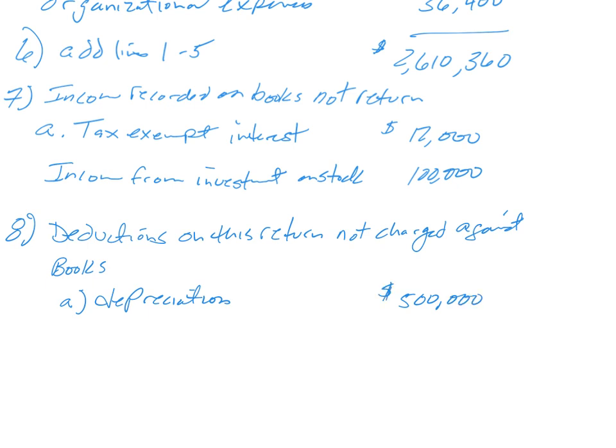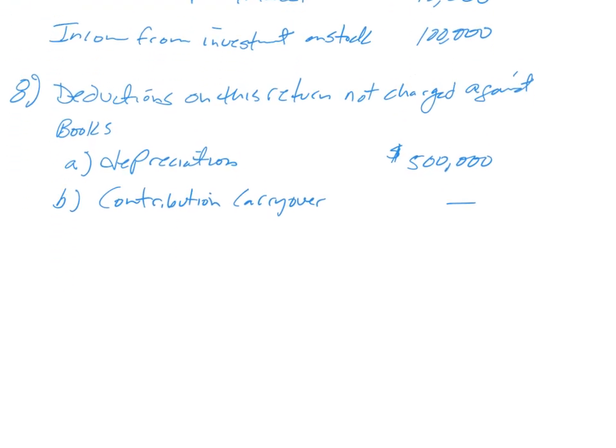Now, I say that there is one exception, and we already talked about it, but hold on. And remember, our contributions carryover was larger for book purposes than for tax purposes, so that's zeroed out.